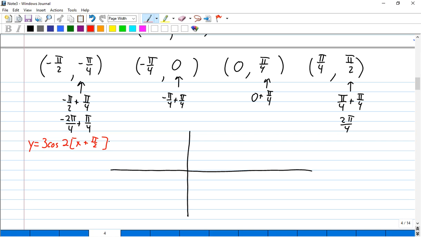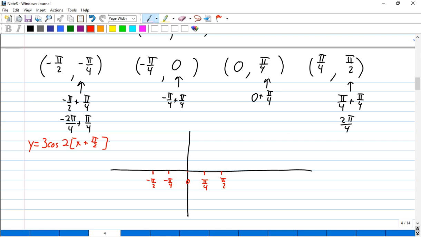So that means that when we start our first point right here, everything else that we draw needs to have the same width. Because we have 4 subintervals, we have this one that's negative pi over 2, this one that's negative pi over 4, this one here is 0, this one here is pi over 4, and this one here is pi over 2.